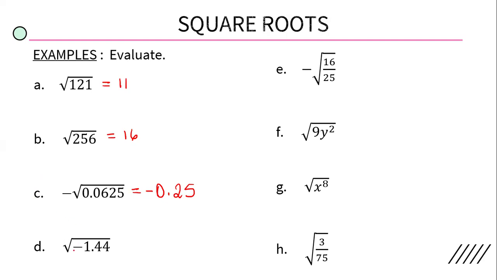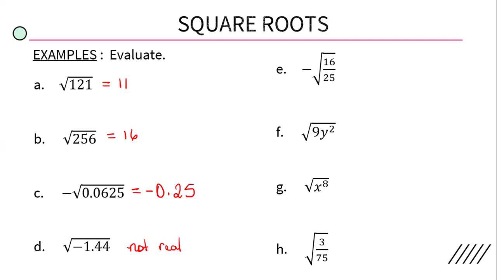Next, we have the square root of negative 1.44. Now, anything that comes underneath the square root must be 0 or a positive number. It cannot be negative. So whenever you have something like this, you just simply put not real, because it's not a real number. But let's check and see what our calculator would say.